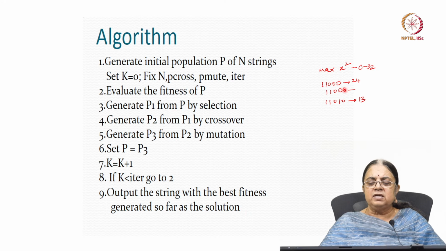Obviously, in this particular problem, when we say maximize x squared and we represent it by a binary number like this, the best would be when all of them are 1. When all of them are 1, you get the maximum value, for example 32. So this gives the algorithm for the genetic algorithm.